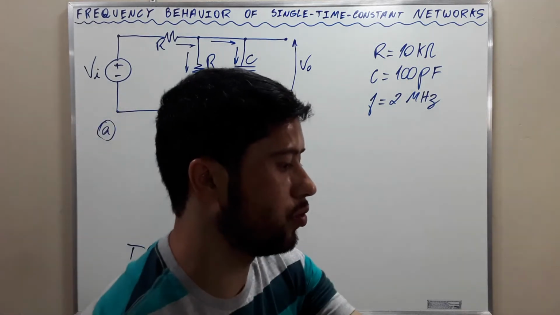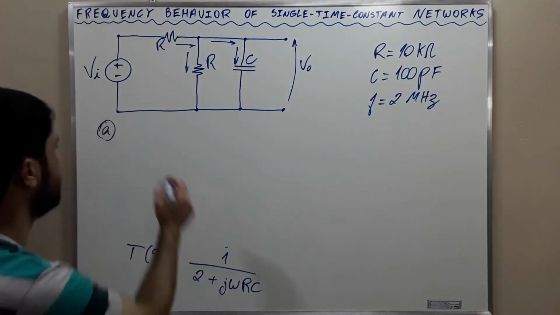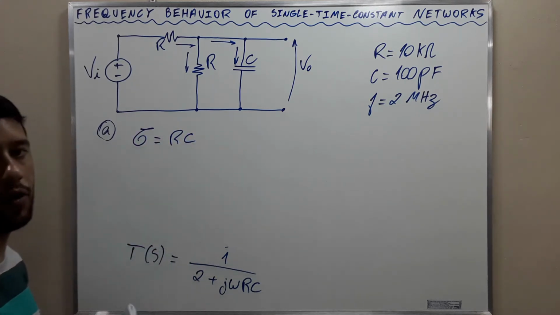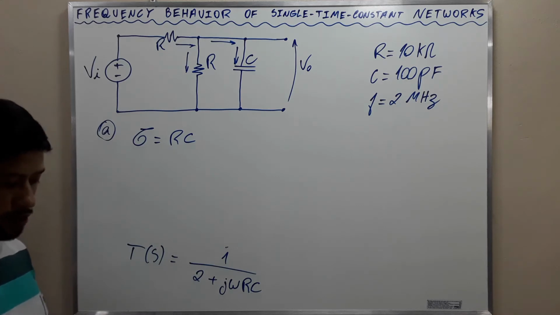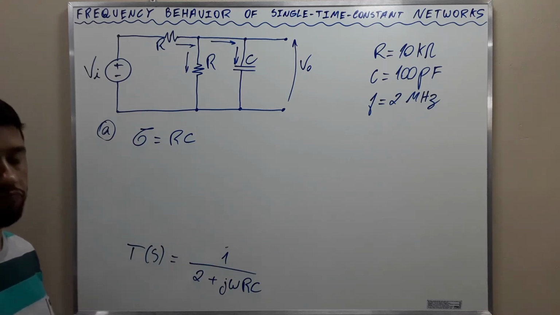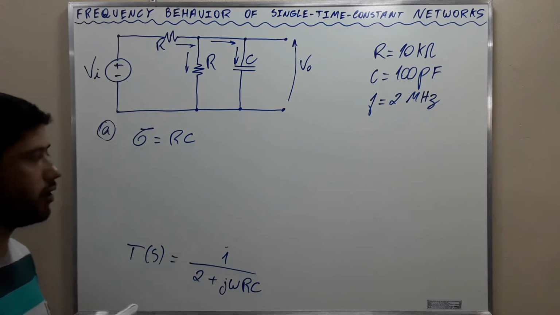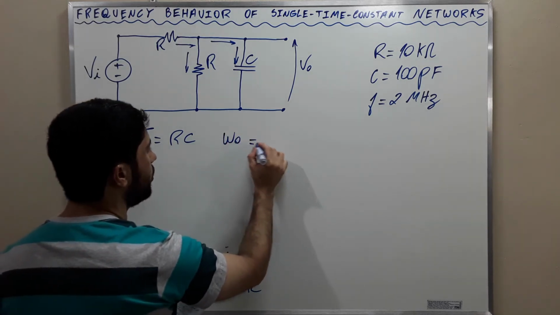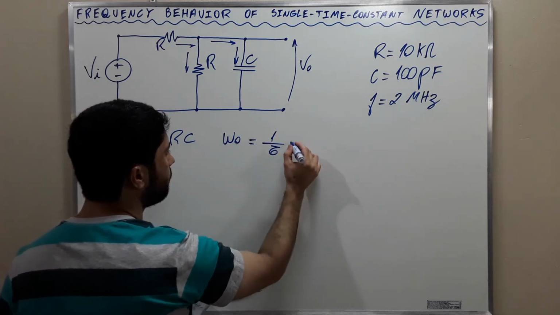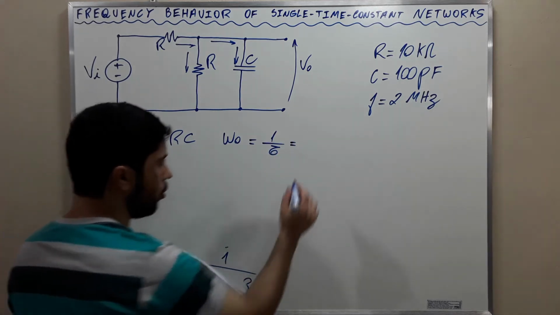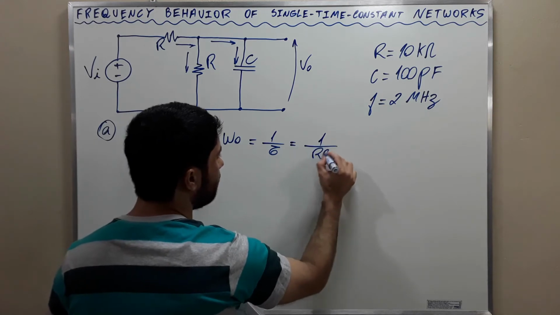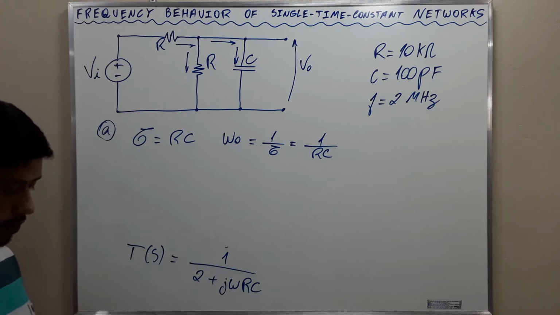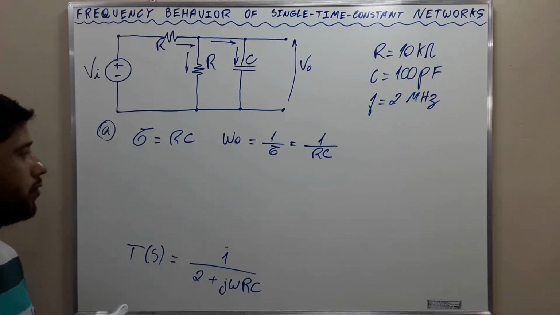We are going to use that tau equal to RC is the time constant of the circuit, and W0 equal to 1 over tau equal to 1 over RC is the knee frequency, or the corner frequency.